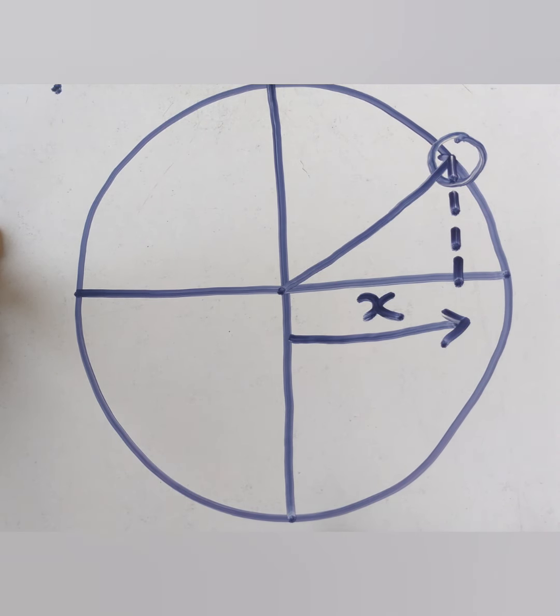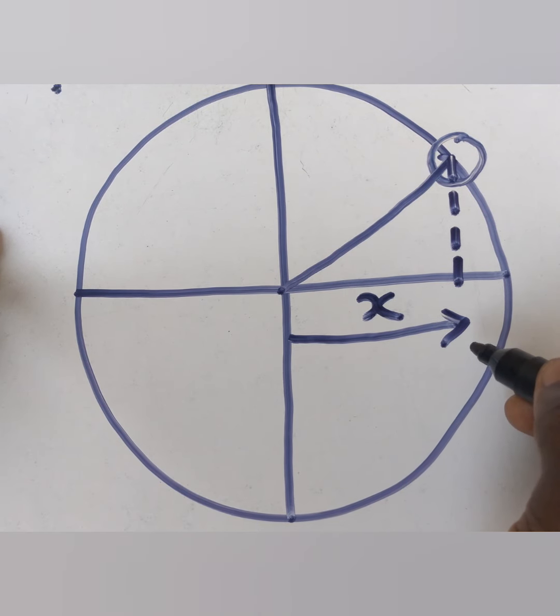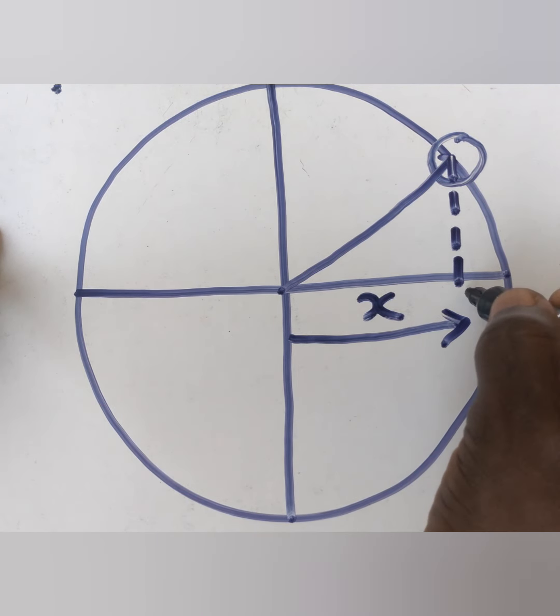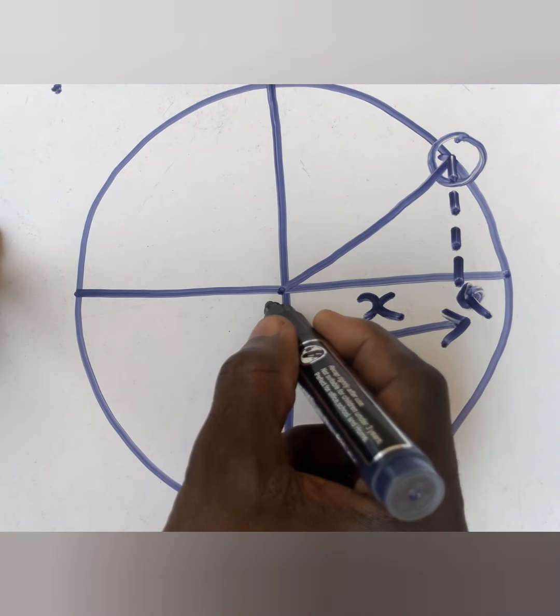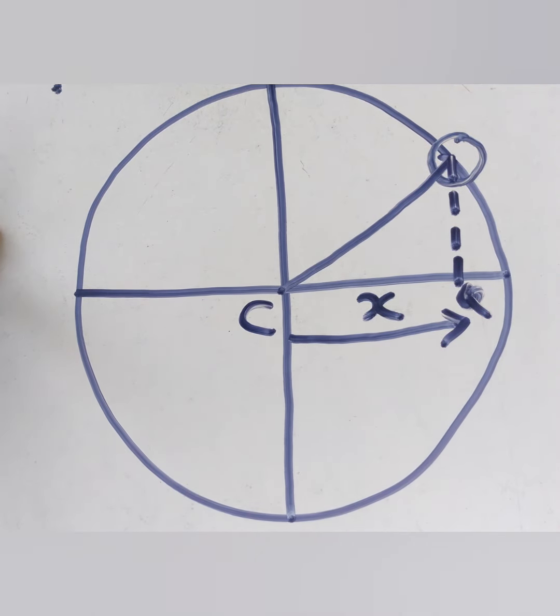So let me call this place Q, and let me call this place C, which is the center of the circle. So the linear velocity V at any point Q, whose distance from C, the central point, is x, is given by the following.